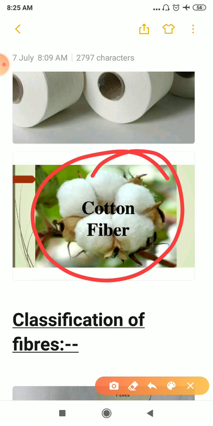And from where do we get these fibers? We get these fibers from two sources. We get these fibers from nature. Nature has provided us with different kinds of fibers, and we also prepare them in our factories with chemicals.